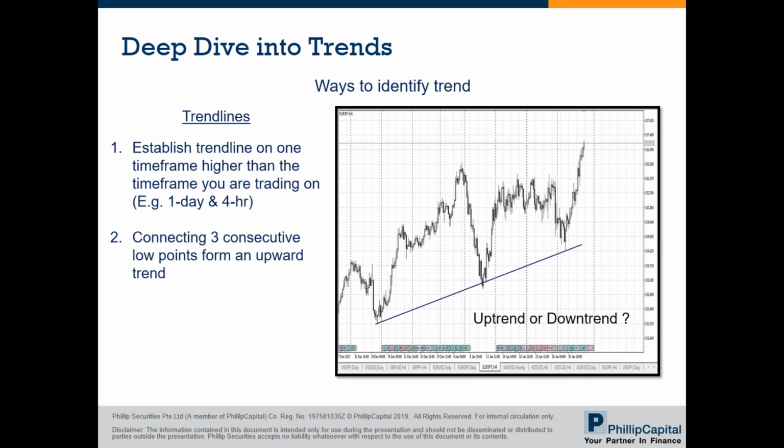How you connect a trend line is by connecting three consecutive low points to form an upward trend. If the gradient of the line is pointing up, that will give you a good indication it is an uptrend. If it is pointing downwards, connecting three consecutive high points, it will give you a good indication that this is a downtrend.